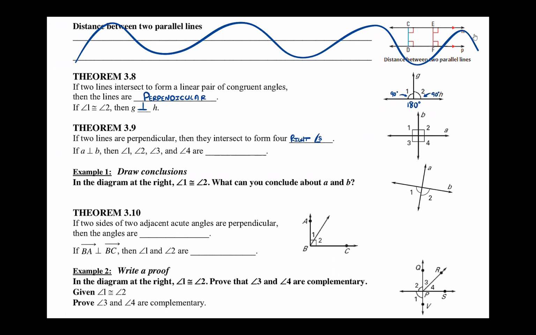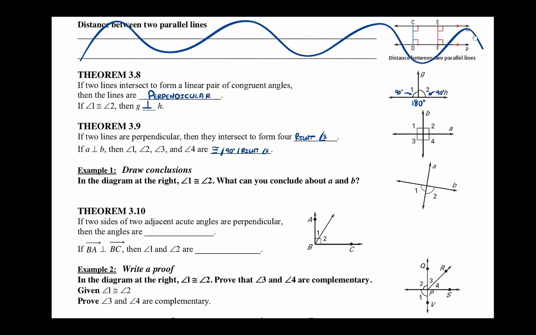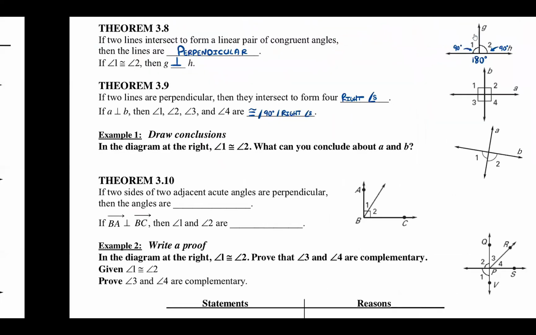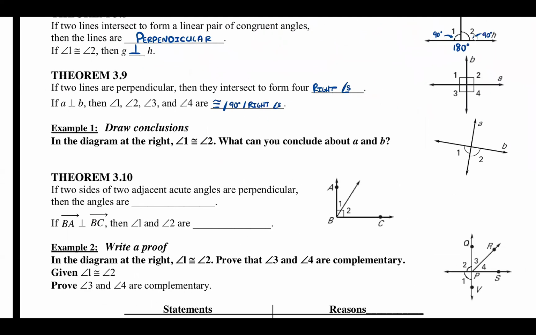They're all 90 degrees, so they're all congruent. We could say 90 degrees. We could say they're right angles. Either way, it's all true. It depends on what they're asking me. I like that question though, man.